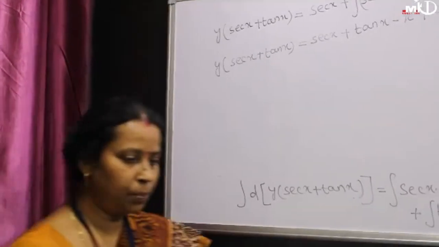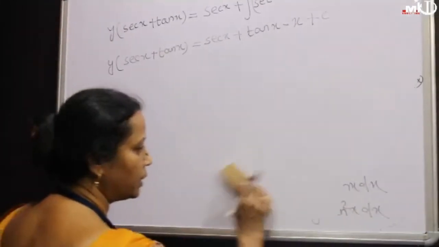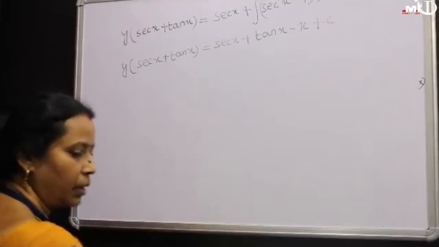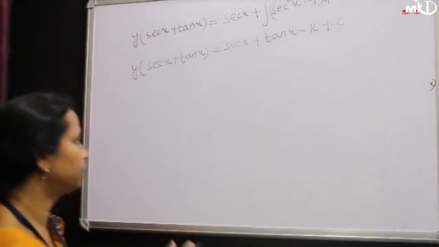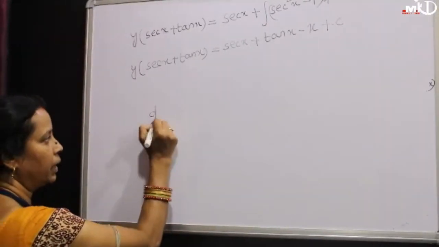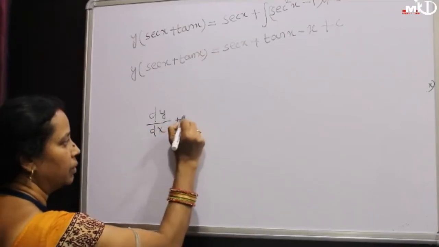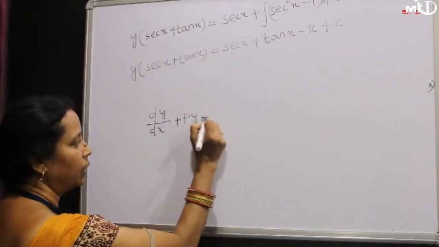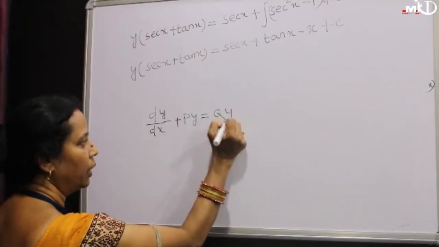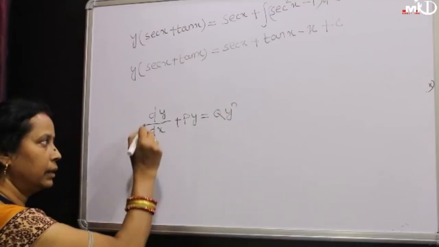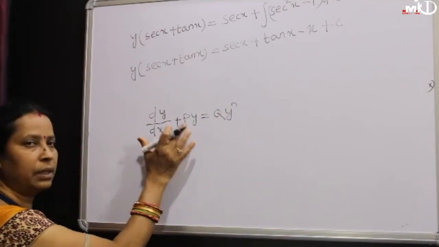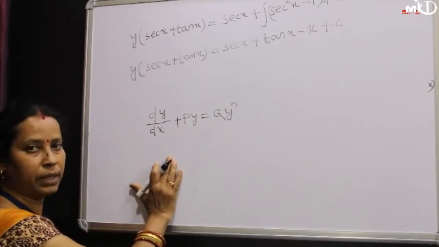Now if we find a linear differential equation in the form of dy by dx plus py is equal to q into y to the power n, then this equation is called the Bernoulli equation.